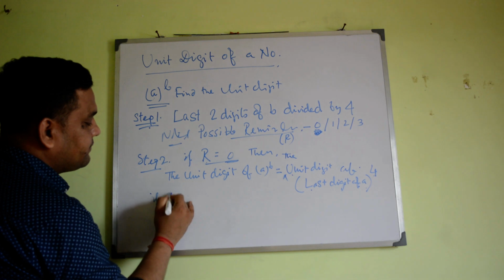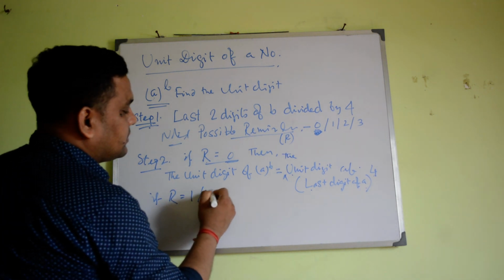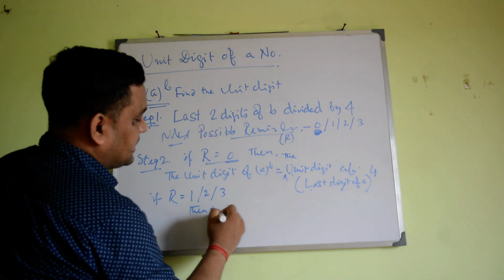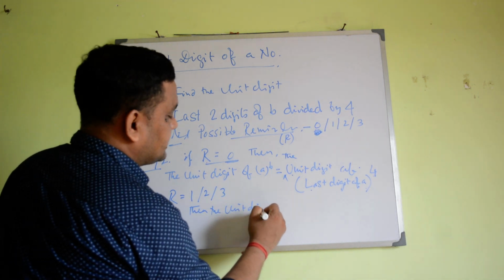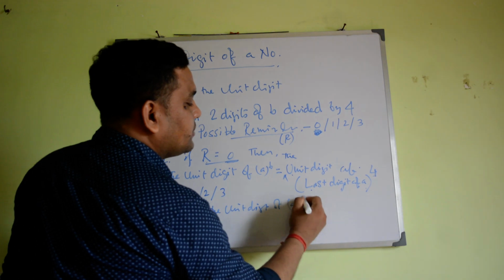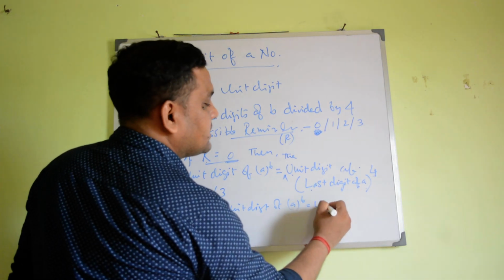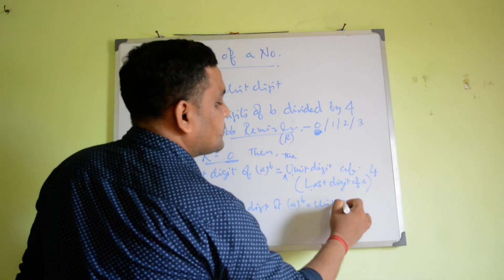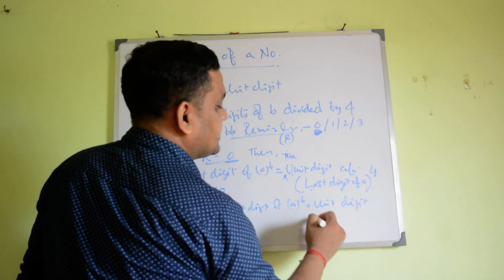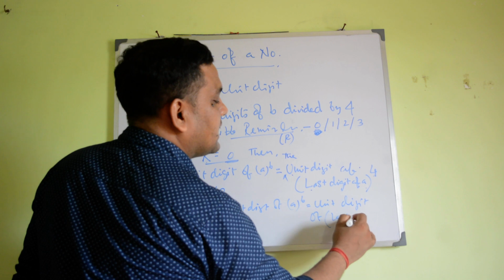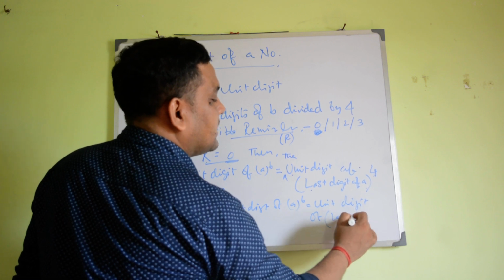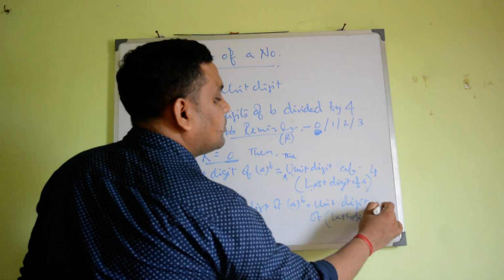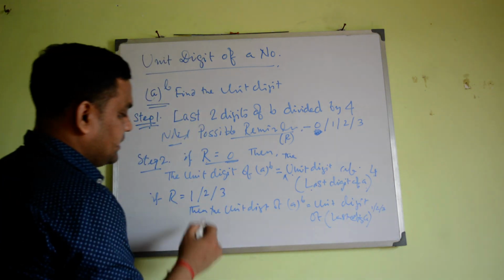Second case, if r is either 1, 2 or 3, then the unit digit of a to the power b is equal to the unit digit of the last digit of a to the power 1, 2 or 3 correspondingly.